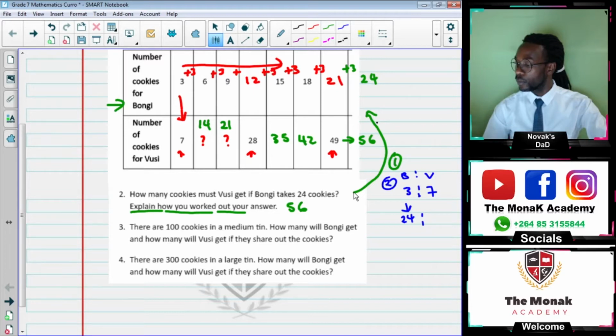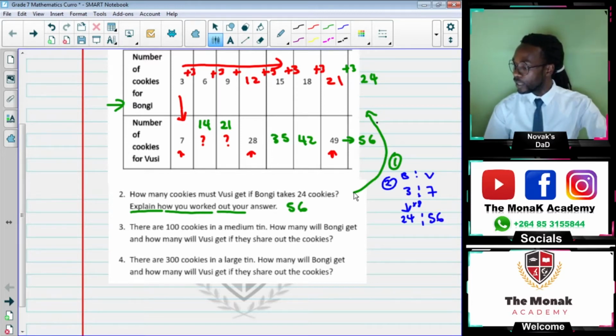Alright? 3 times 8. There, 3 times 8 gives us 24. Alright? What about if we say 7 times 8 gives us 56? So that's another way of getting how much Vusi will get, by using the ratio.